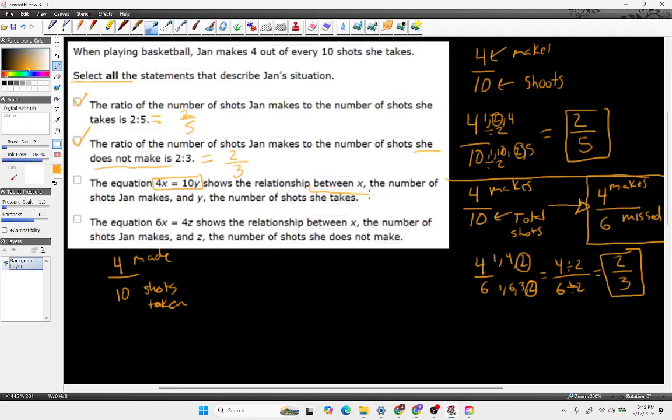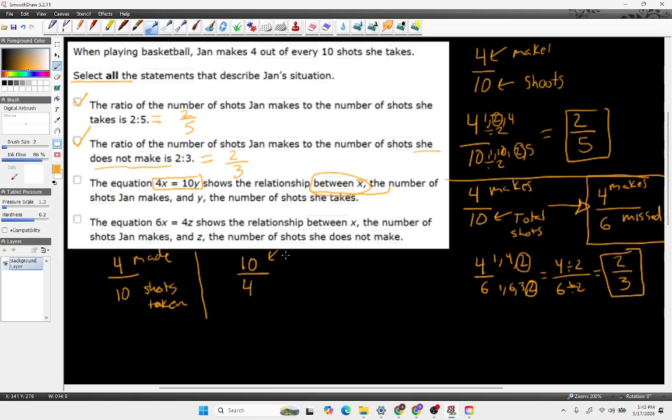Notice that I had to read this really carefully because if I made this my K value, I would be implying that the shots made are Y because it's Y over X. Whereas in this problem, they have specified that they want the shots made to be X. Okay, so I'm going to flip this around because it's always Y over X for my K value, which we need in order to set up our equation.